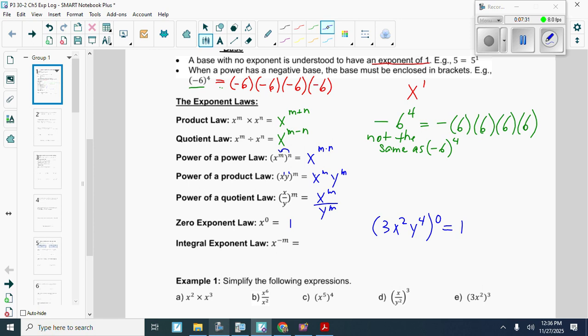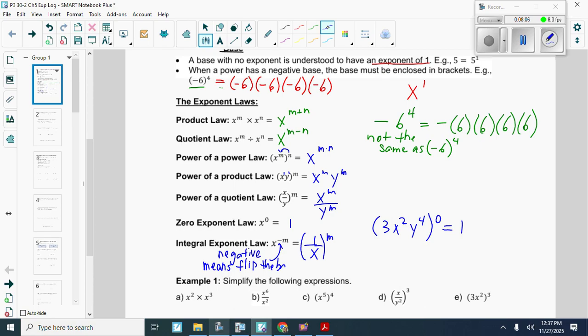So let's write the base, 1 over x. So the negative sign just means that you flip the base. Negative means flip.